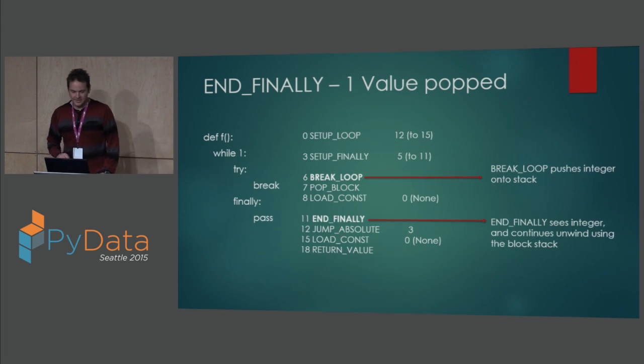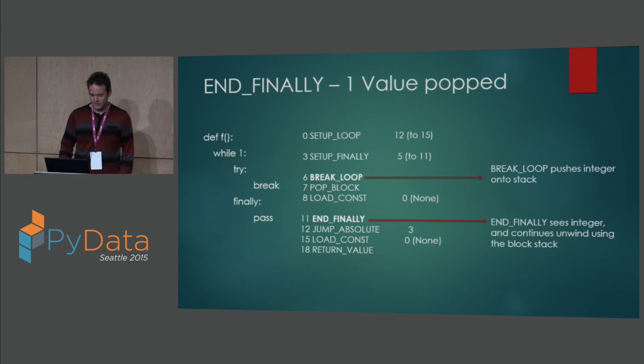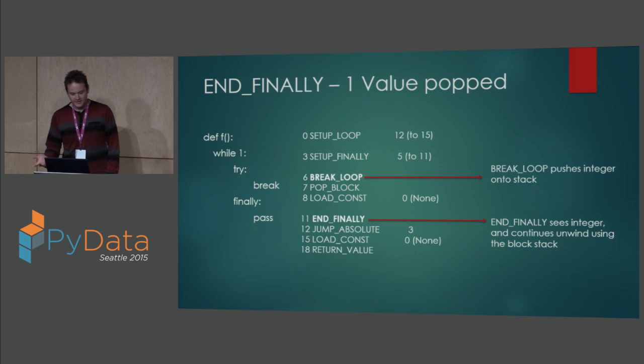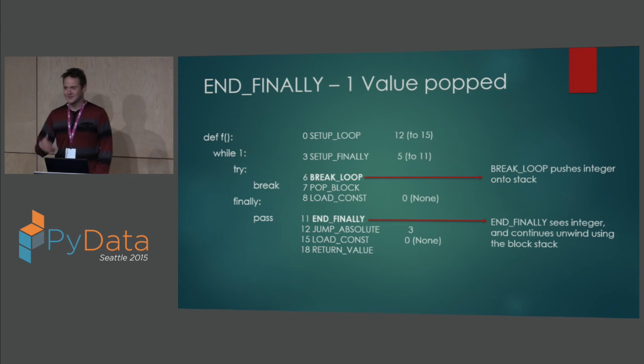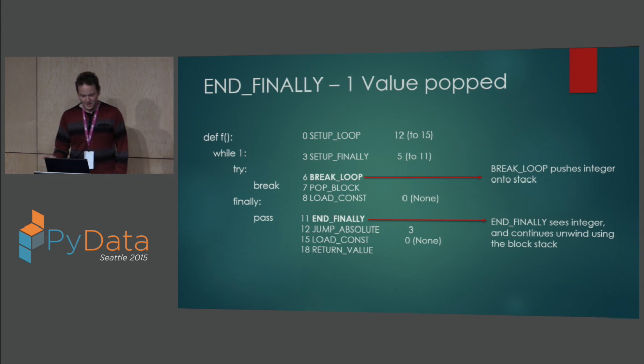But finally can behave a little bit differently. Here we have finally inside of a loop, and we're breaking from the loop in the try block. So we have our setup loop, we have our setup finally, we have the break loop. Break loop is actually going to push an integer onto the Python stack. You don't see it. I don't remember what the number is. It's some bit flag.